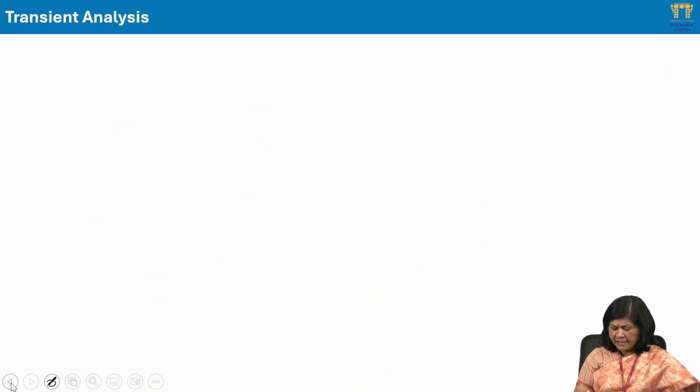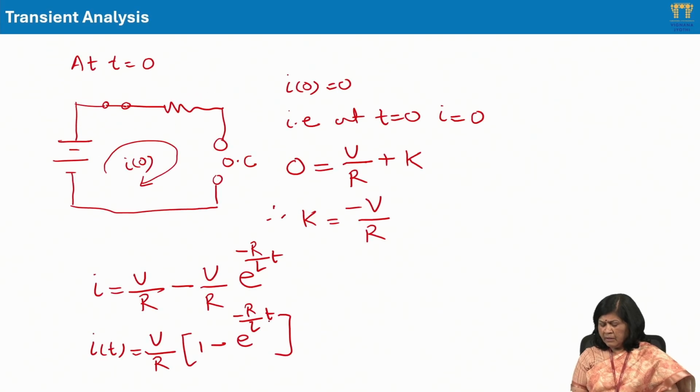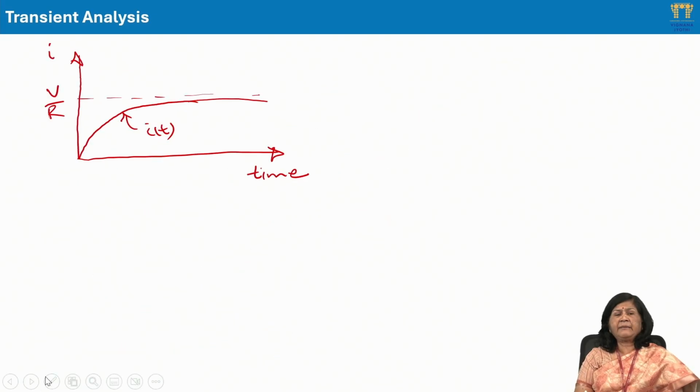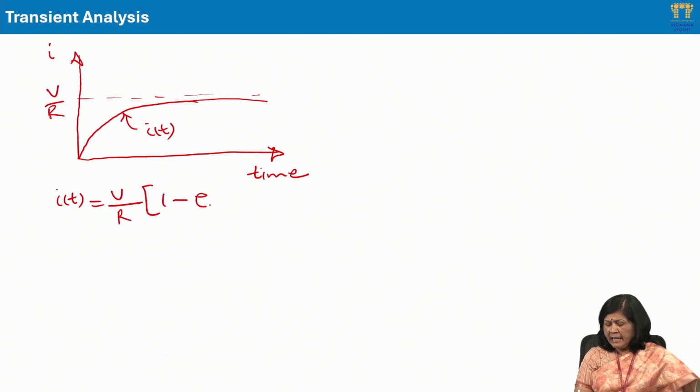Now, the question comes here: how fast or how slow does it reach the peak value? For that, we need to find out the time constant of the circuit. The time constant is defined as the time at which the exponent becomes unity. This is my current expression.